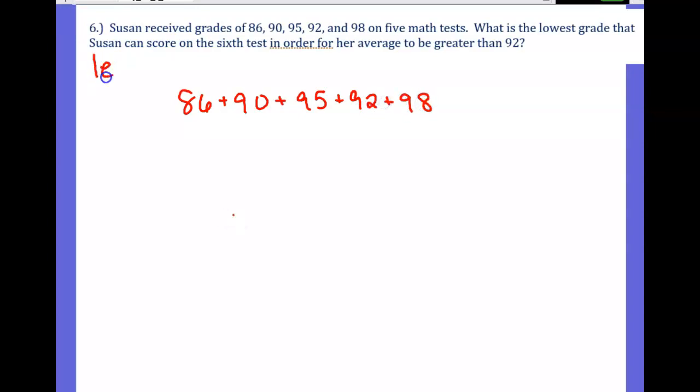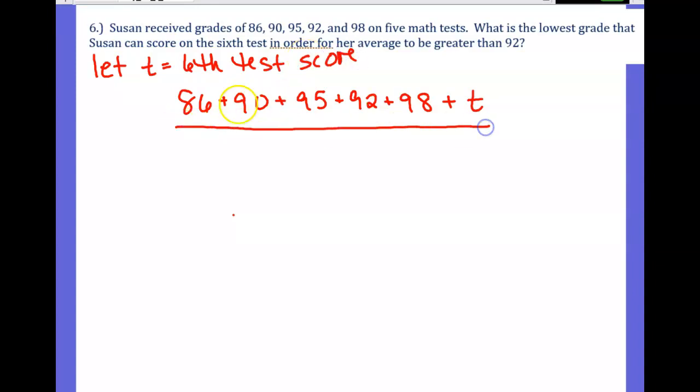And then we have an unknown, so let's call it T for the test grade. Let T be the 6th test score. Now to find the average, we're actually going to take all of those and divide by 1, 2, 3, 4, 5, 6. And that's going to be greater than 92.